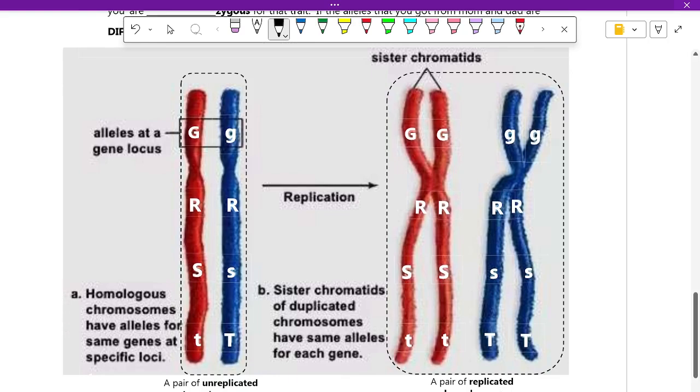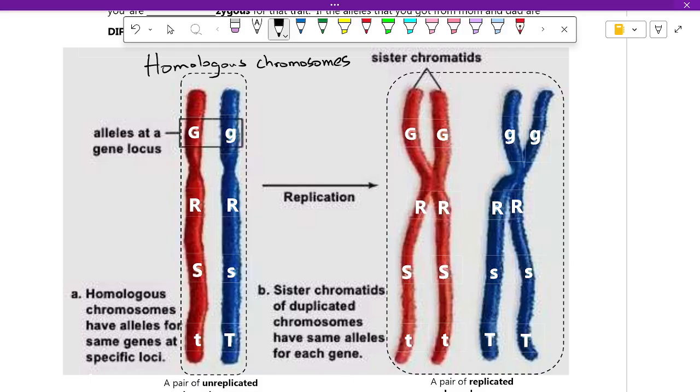So here we have a pair of homologous chromosomes. And these chromosomes are unreplicated. They're unreplicated because the cell is just doing its normal job. Do you need 2 copies of the genes from mom? No. You just need 1 copy of the gene from mom. Do you need 2 copies of the genes from dad?